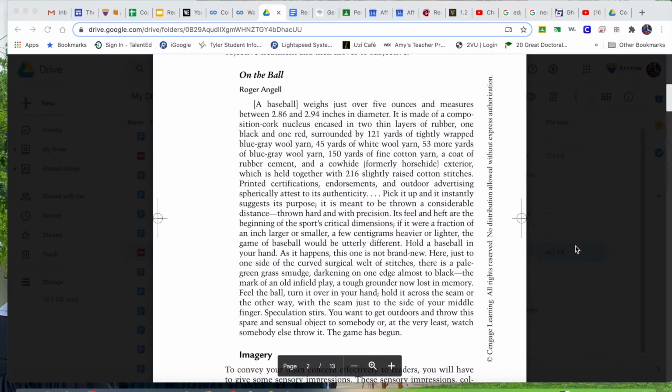Roger Angell. A baseball weighs just over 5 ounces and measures between 2.86 and 2.94 inches in diameter.